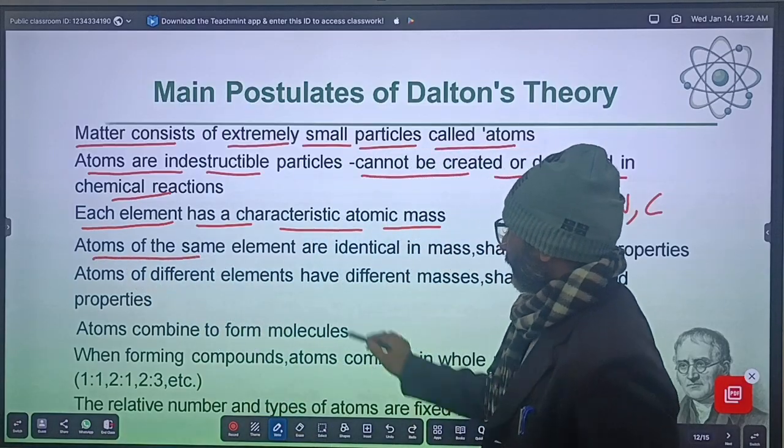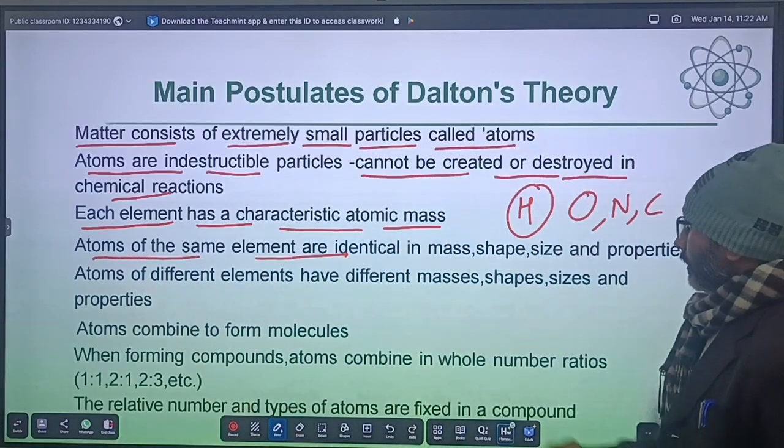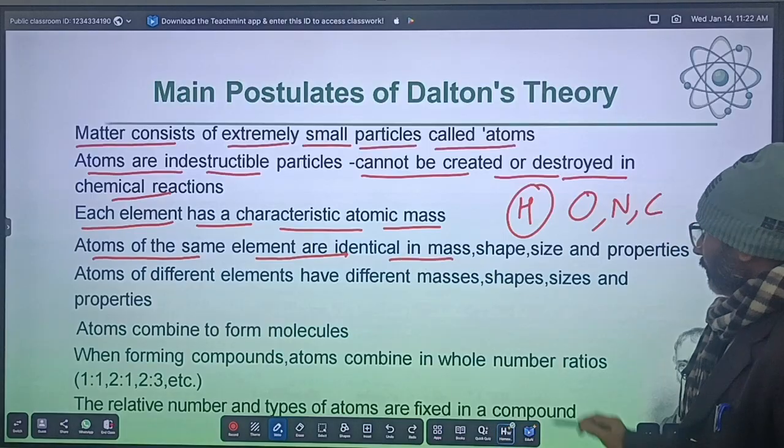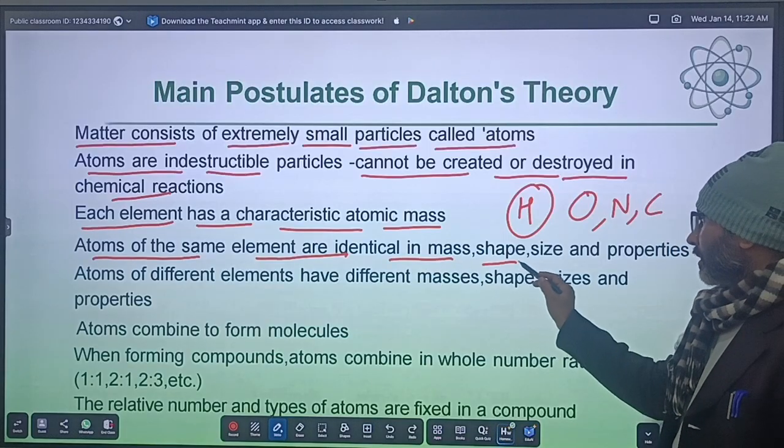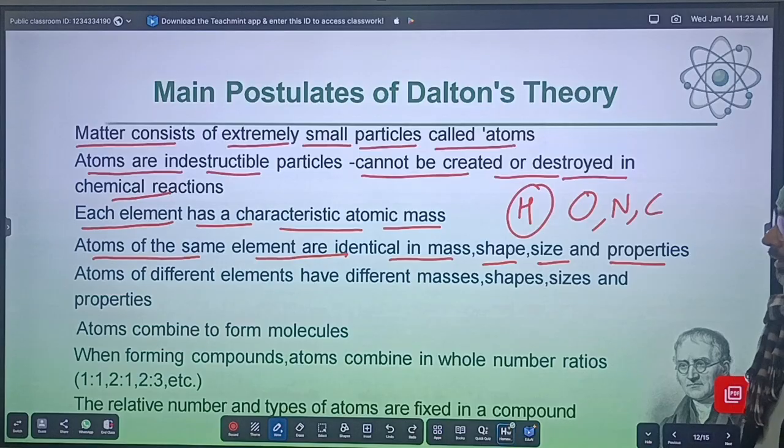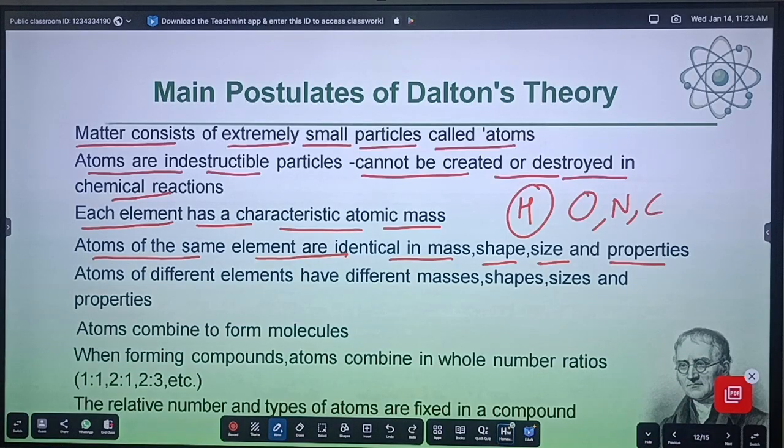Atoms of the same element are identical in mass, size, shape, and physical and chemical properties.